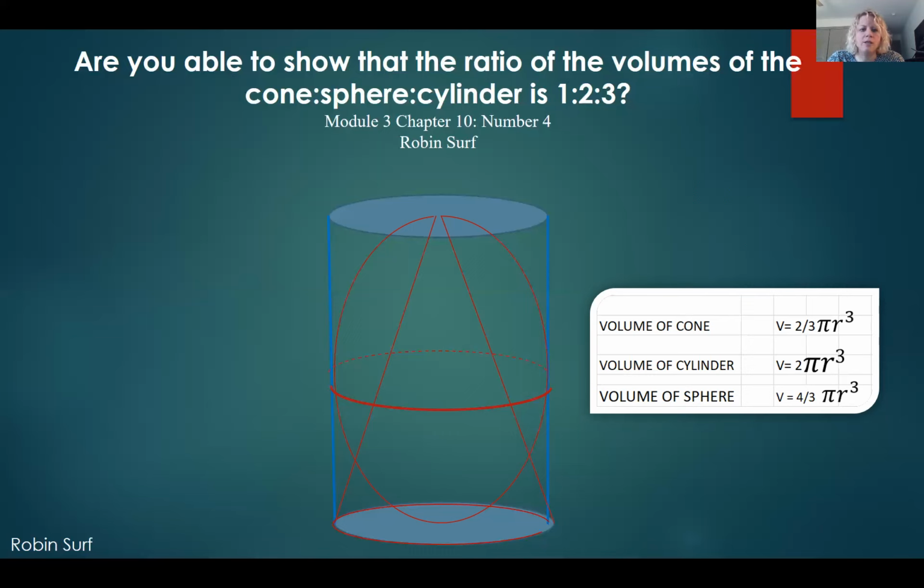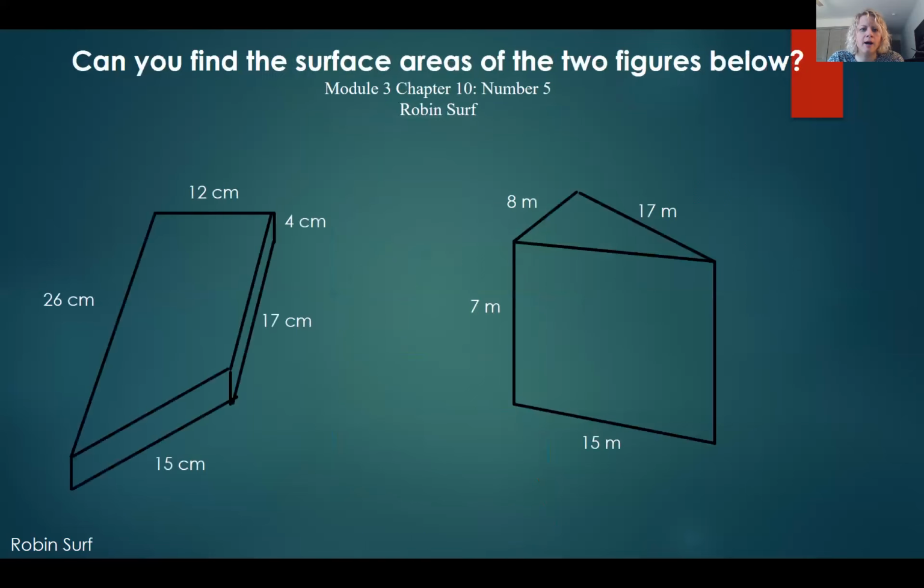Let's move on to question number 5. Let's take a look. Can you find the surface areas of the 2 figures below? Well, for the first shape, our original formula to use is SA equals 2B plus PH.